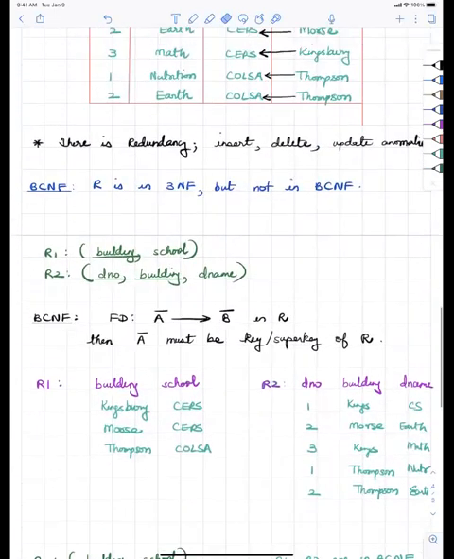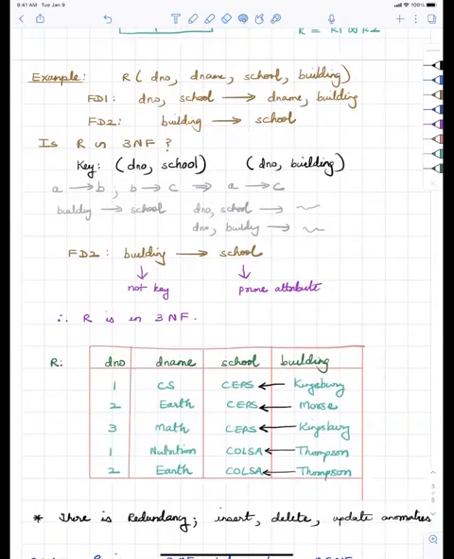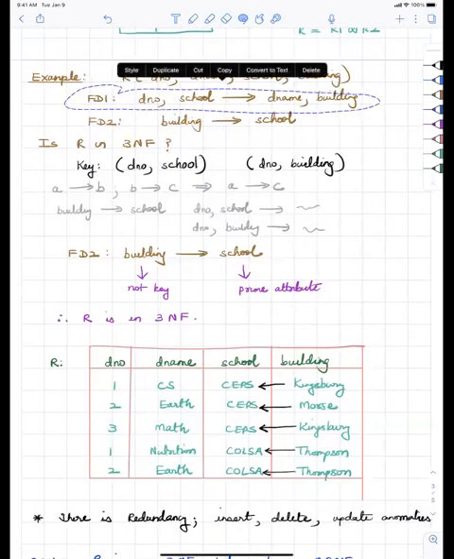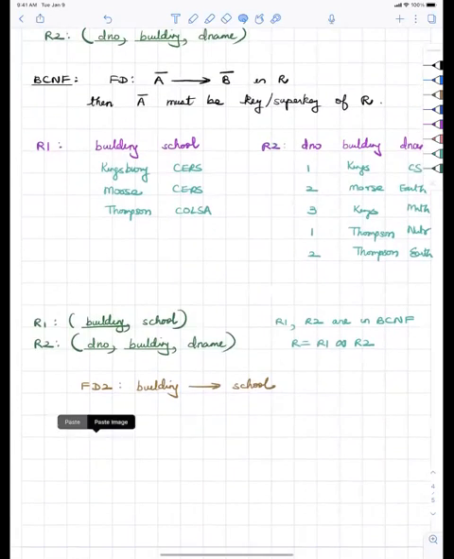But if you now go back and look at this particular functional dependency, D number, school determines D name and building, by dividing it into R1 and R2, we have kind of lost this dependency.